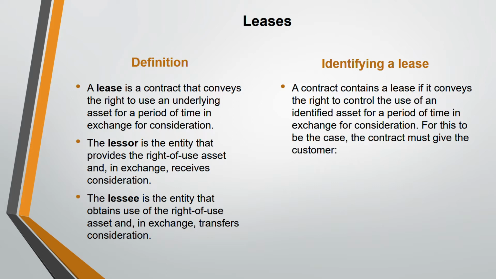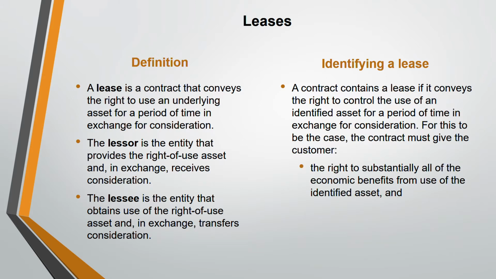For this, the contract must give the customer the right to substantially all of the economic benefit from the use of that asset. That means when the asset is being used, who is going to get the benefit? The customer. The customer is the one who's going to take most of the benefit out of it. The contract should give this to the customer.